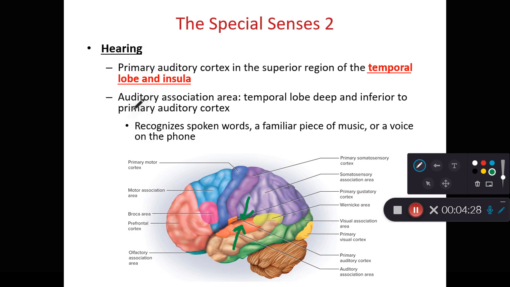We also have an auditory association area. This is also within the temporal lobe, and it's going to be deep and inferior to the primary auditory cortex. Let's shift to blue here. So this lighter pink area that I'm outlining in blue, that's going to be our auditory association cortex, where we can recognize spoken words, familiar pieces of music, whose voice we're listening to on the phone, etc.